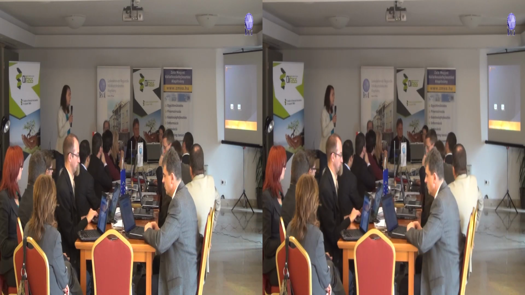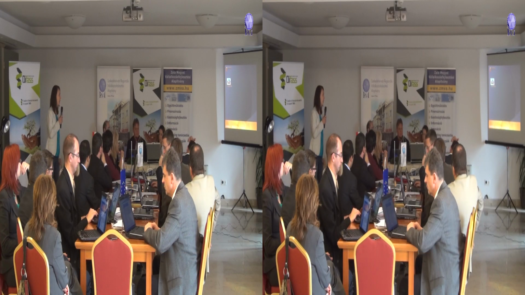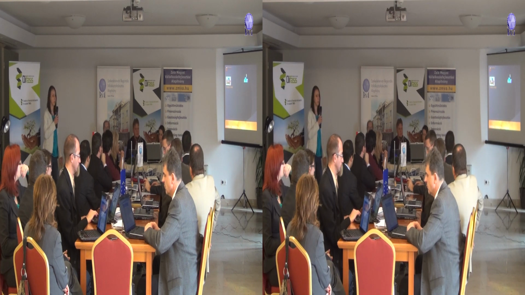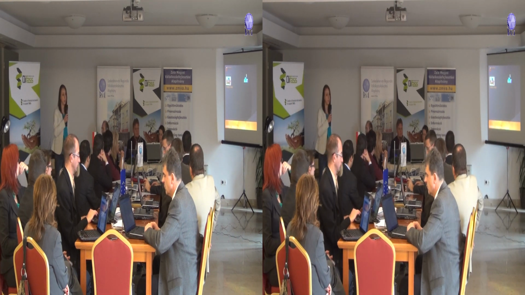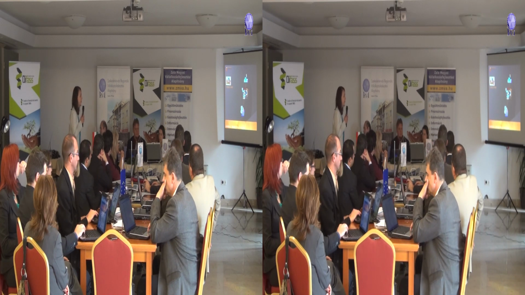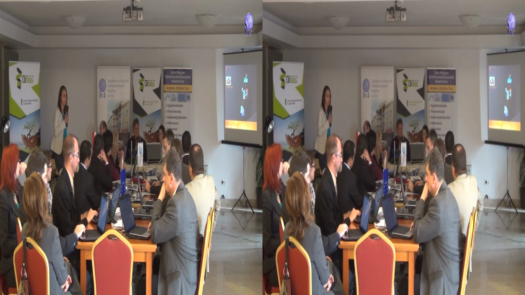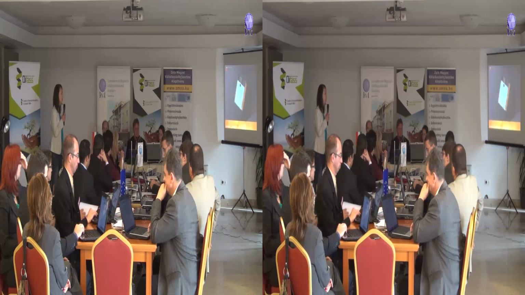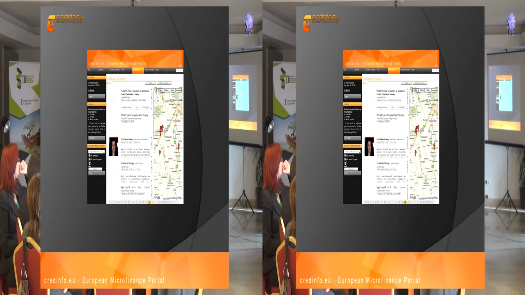We have the company browser function as well. Companies can give some practical information on their activity, on their products, their location, and it can generate new business cooperations. They can find new partners. That's how a company datasheet looks like on the Credinfo portal.